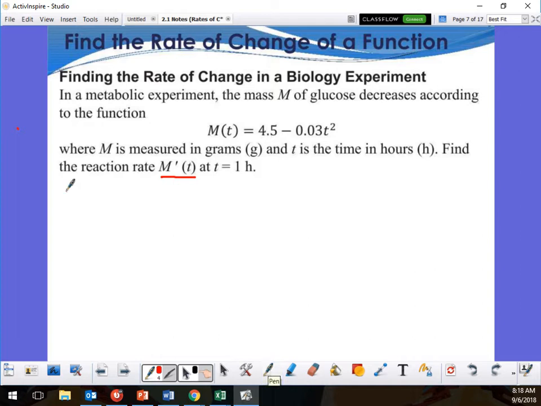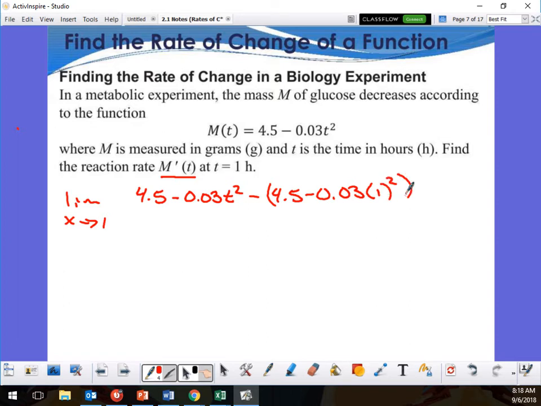The limit as t approaches 1 of 4.5 minus 0.03 t squared minus 4.5 minus 0.03, since my t is 1 when I plug in 1, all over t minus 1.